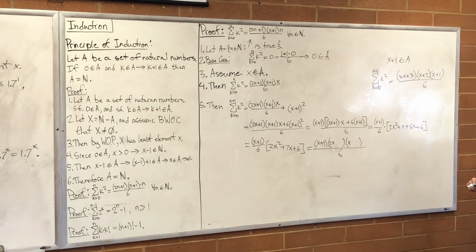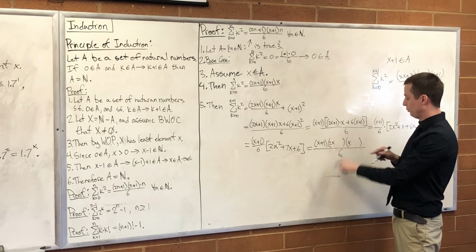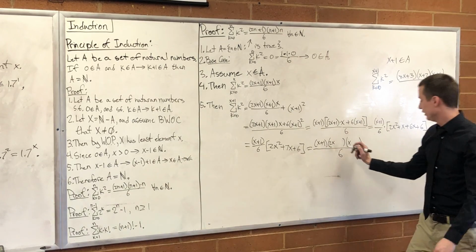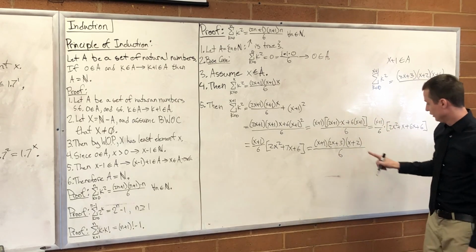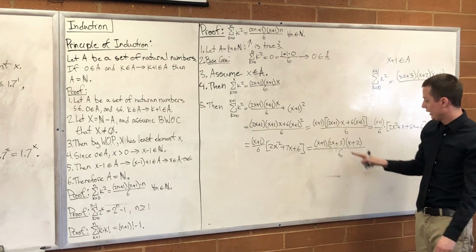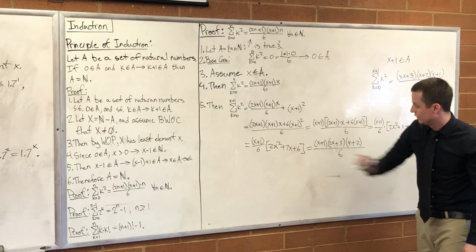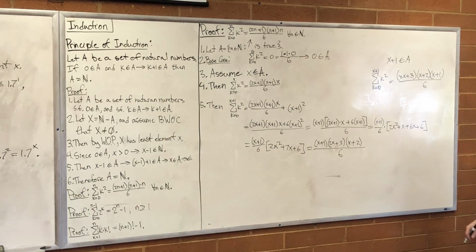The only question is, where do I want the 3 and where do I want the 2? If I put the 3 here and the 2 here, we're going to end up with 8 x's. That's bad. So let's put the 3 here and the 2 here. So 2 times 3 is 6. 2 times 2x is 4x, and 3 times x is 3x, giving us 7x, and then x times 2x is 2x squared. There we go.